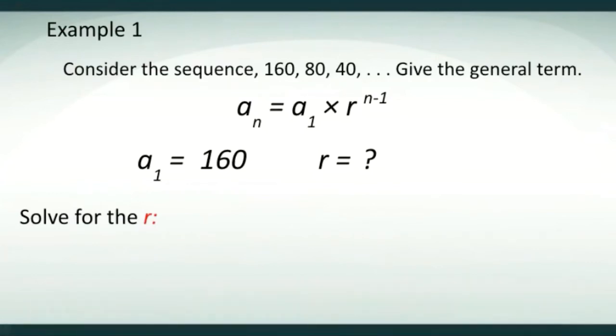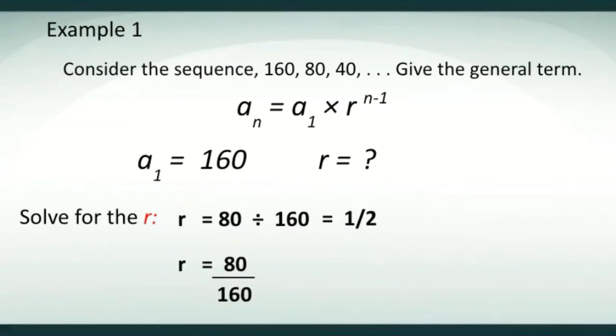And how are we going to solve the common ratio? Divide 80 by 160. So 80 divided by 160 is equivalent to 1/2. If we change the form of 80 divided by 160 into a rational form, it will look like 80 over 160, and the answer still is 1/2.